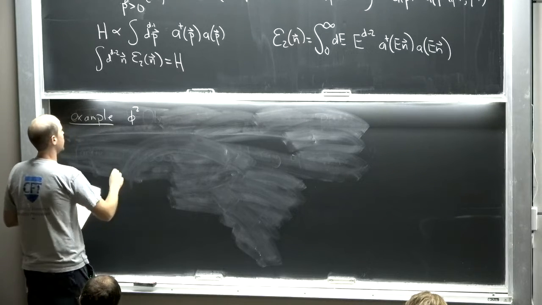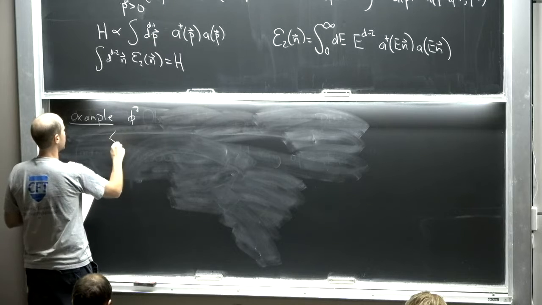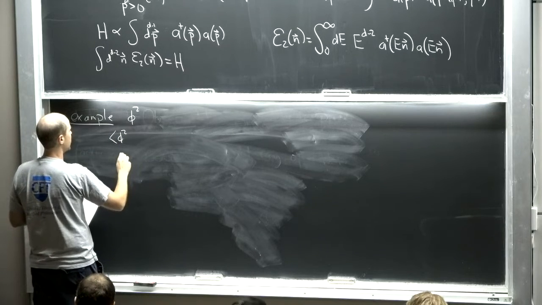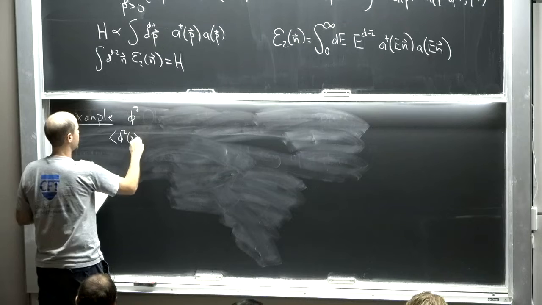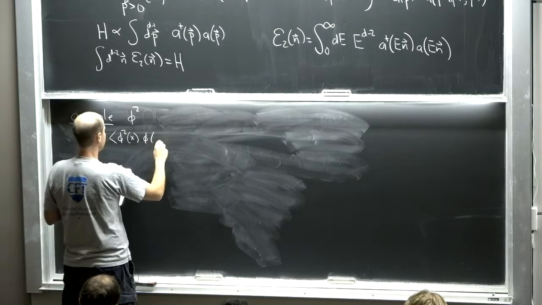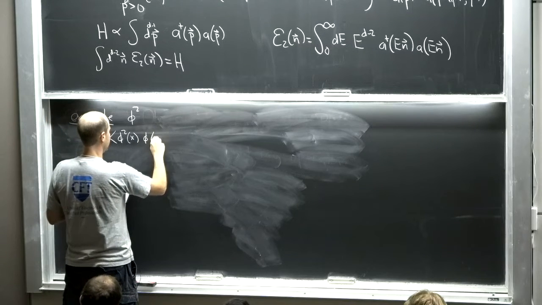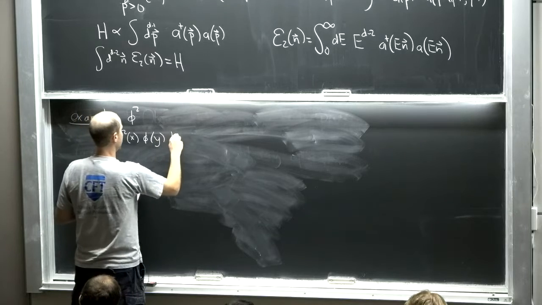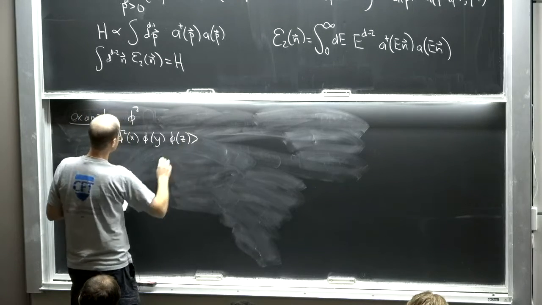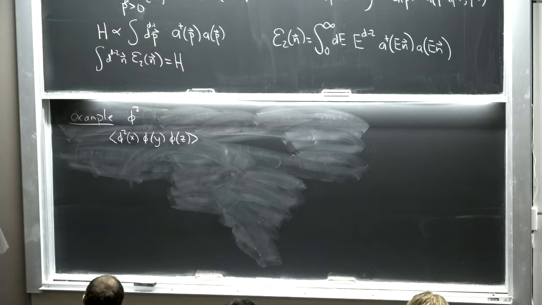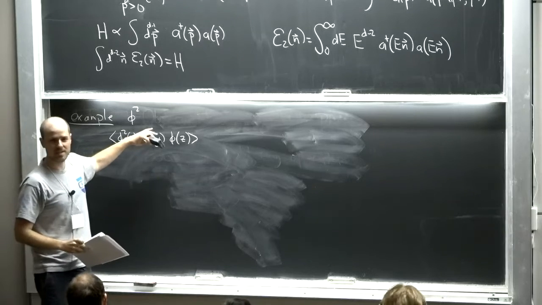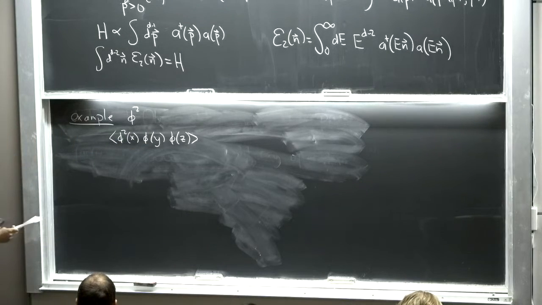So we can look at a correlator of phi squared, this bare operator. For example, we can look at the 3-point function of phi squared with phi and phi. Of course, maybe even better would be a 2-point function of phi squared, but this is going to be ever so slightly simpler for our purposes. So we're going to do the 3-point function.